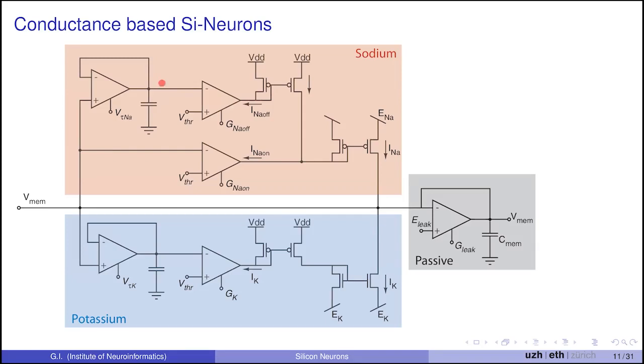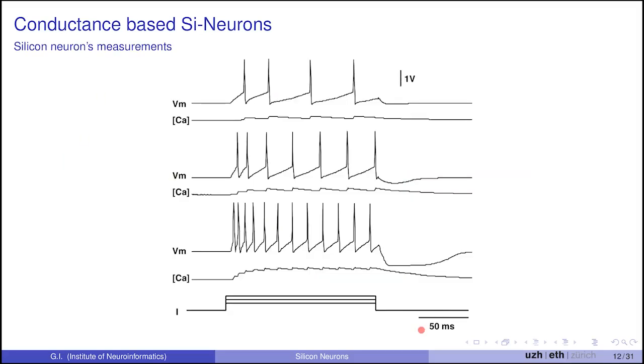The other point that you should be aware of is that this is one neuron. It uses many transistors. Each of these symbols is 5 transistors. Now with the progress in technology, the number of transistors doesn't really count. But if you want to have these temporal scales, where here you have 50 milliseconds, you need very small currents and very large capacitors.